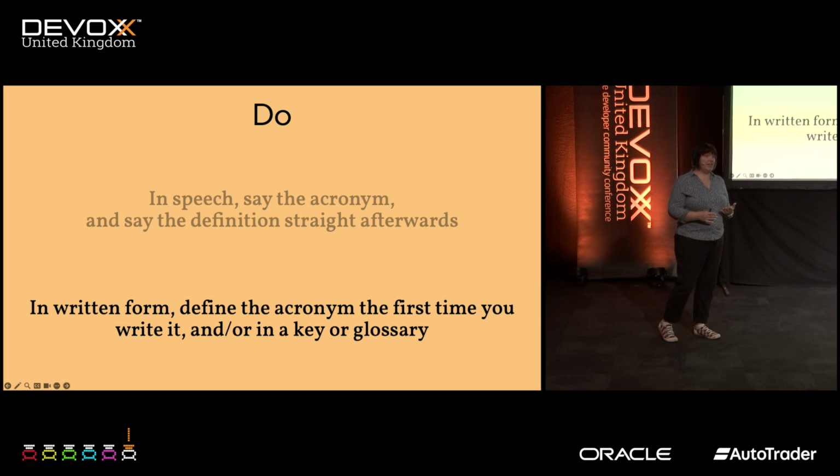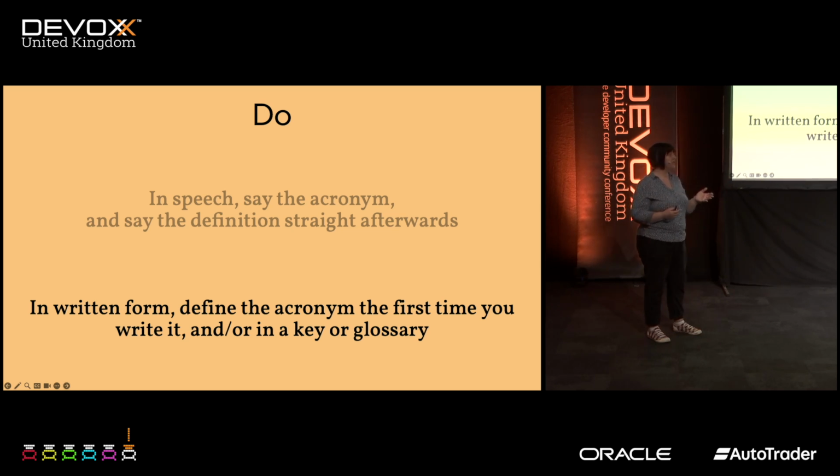When you're writing things, it depends on how long what you're writing is. But if it's quite short, just define it at the beginning, and then you can carry on using it. If you're writing something really long, maybe you're writing a white paper or some kind of report, or if you're using it throughout your wiki and your documentation, you might want to define it more often, maybe at the top of each section, that kind of thing.